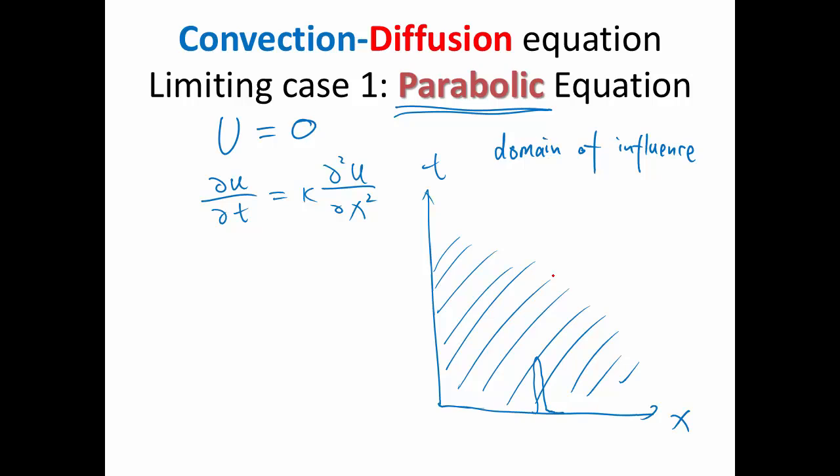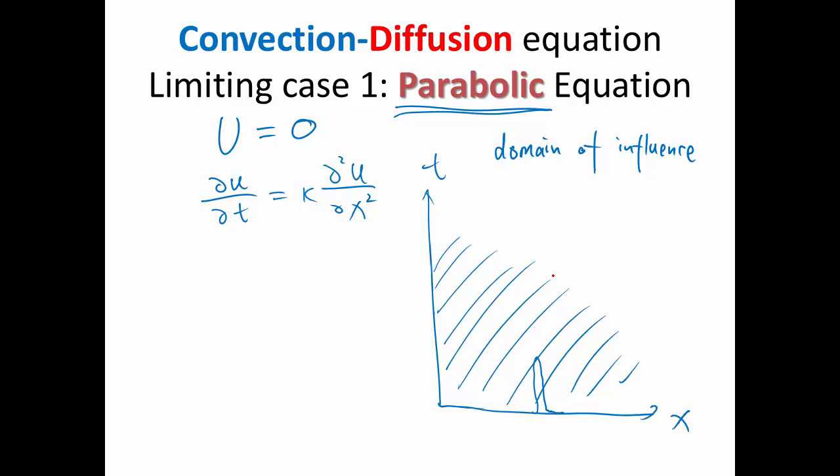It is just going to slide through the spatial domain at a particular speed. So you are only affecting a narrow range of the spatial domain by this perturbation, as opposed to the parabolic equation where if you put one perturbation, it will affect a wide area. Actually, mathematically, it affects the infinite domain instantaneously.